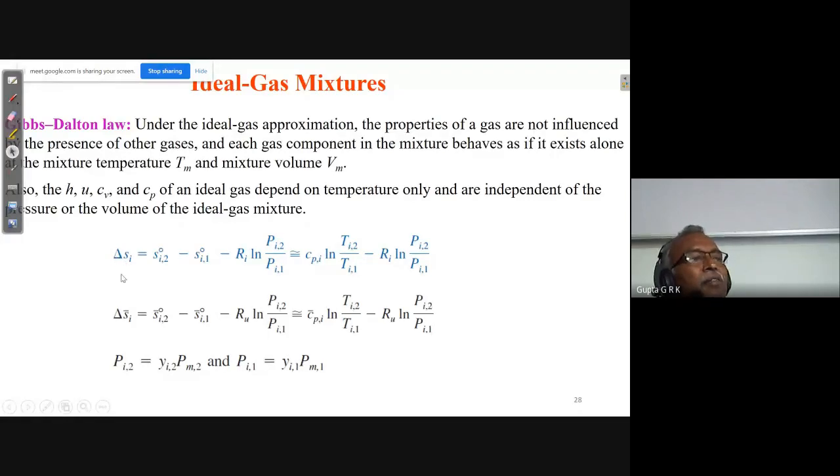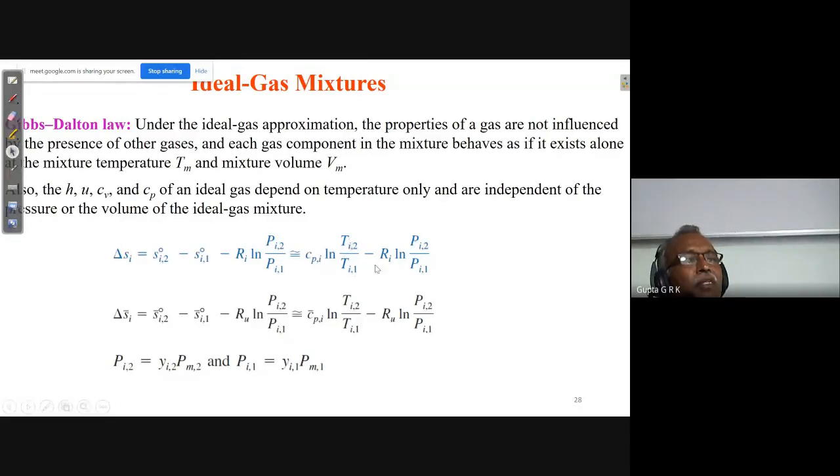Forget about this. This is Cp log T2 by T1 minus R log P2 by P1. So here, SI2 minus SI1 equals CPI log TI2 by TI1 minus RI log PI2 by PI1, for this particular component.